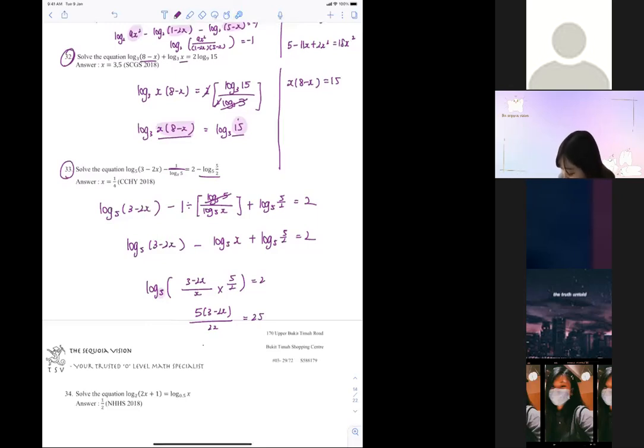So you have 50x equals to 15 minus 10x. 40x equals to 15.